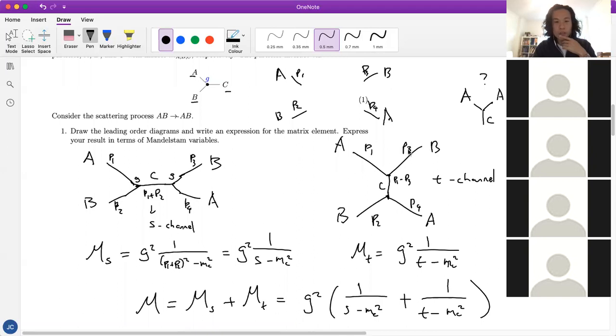I see what you mean. So if you call this one 4 and this one 3, is that what you mean? Like if I call this one 4, this one 3, and you just called them different things. I think yes, the labels don't matter.